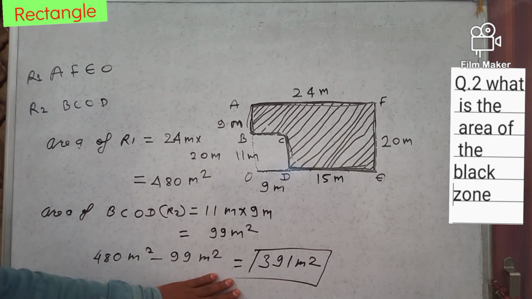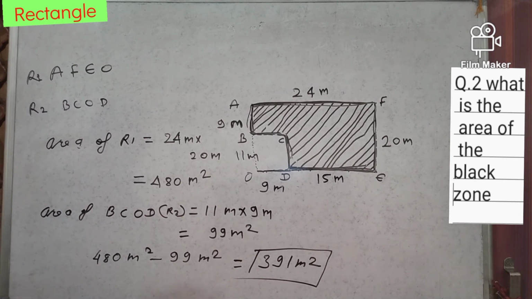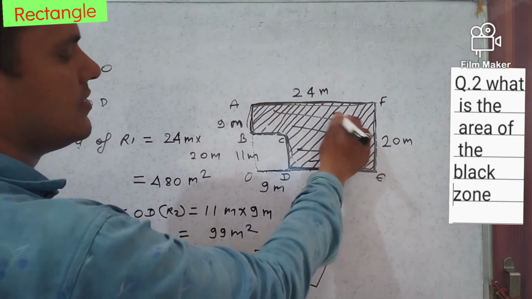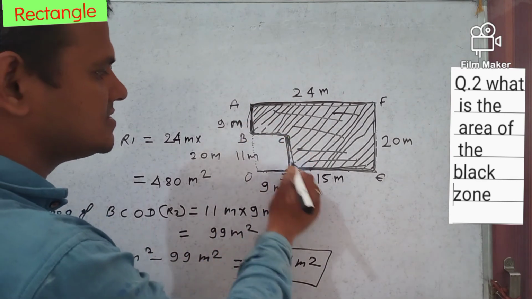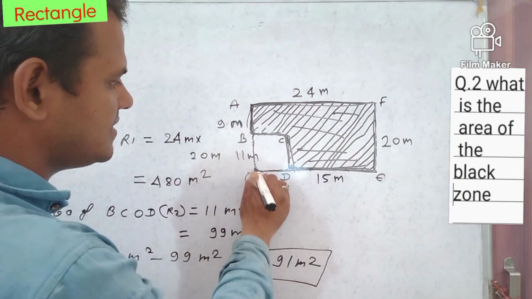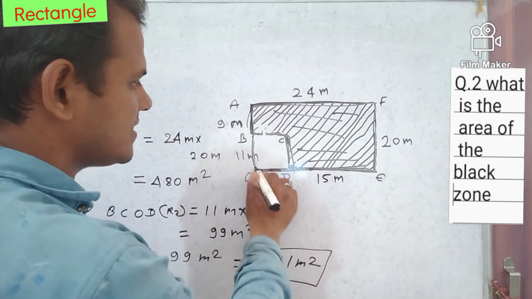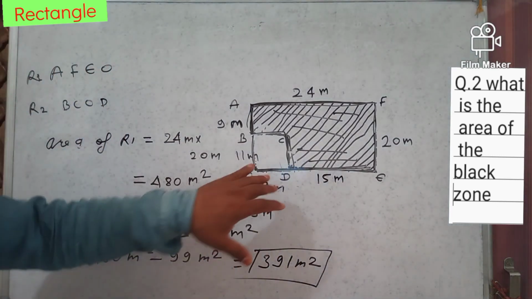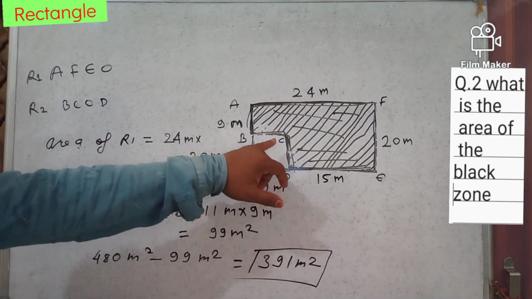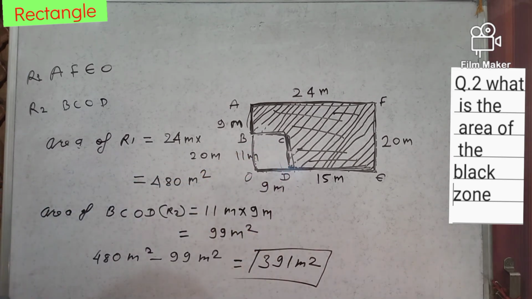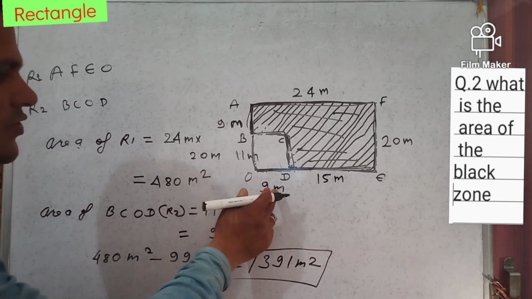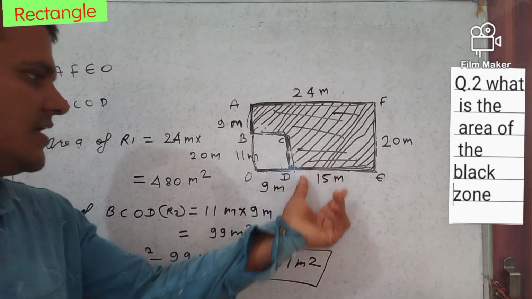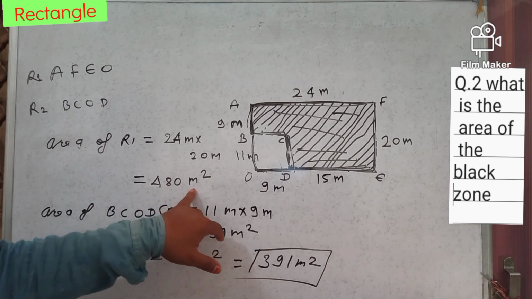Now see here once again, our target is to find only the black zone, but this part is cut. In total this is a rectangle and this area is missing. So what is the area of this rectangle? 11 into 9 meters is equal to 99 meter square, and the total area of this rectangle is 480 meter square.